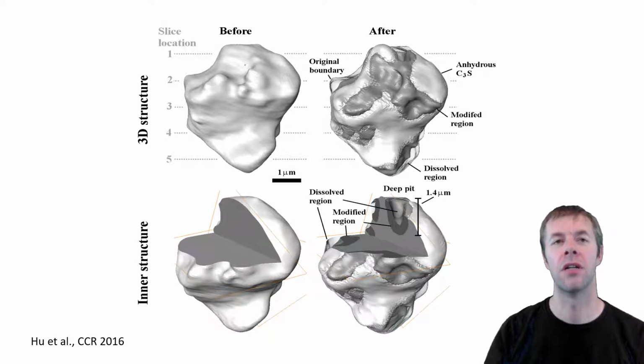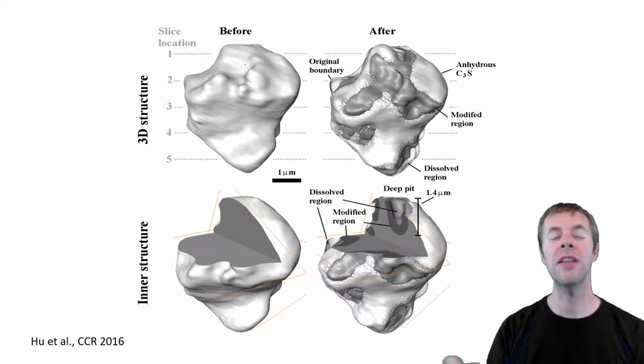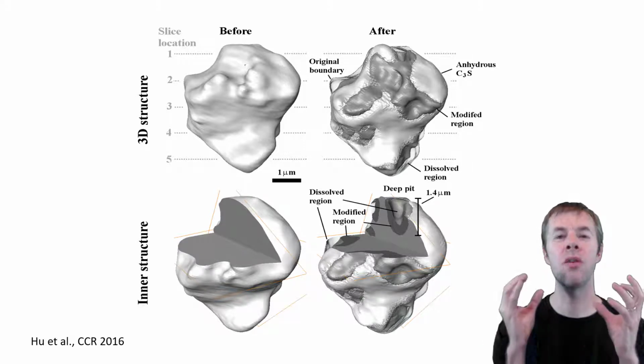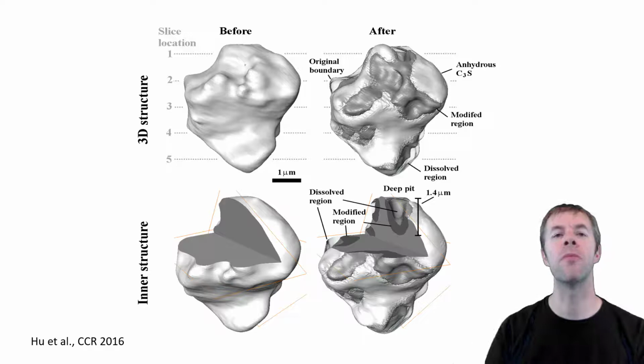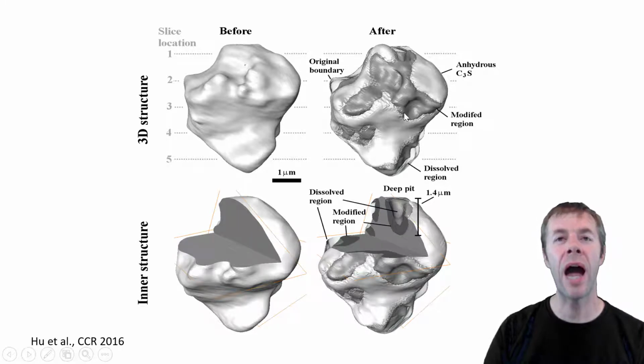Here's what one of the particles looks like. Very early age reaction. This is a C3S particle on the left. This is a 3D. This is not a model. This is a real measurement of the particle. We can take a slice out of it and look inside of it, okay? And it looks pretty homogeneous. But if we look after it's been placed in solution, where some of the reaction has happened.